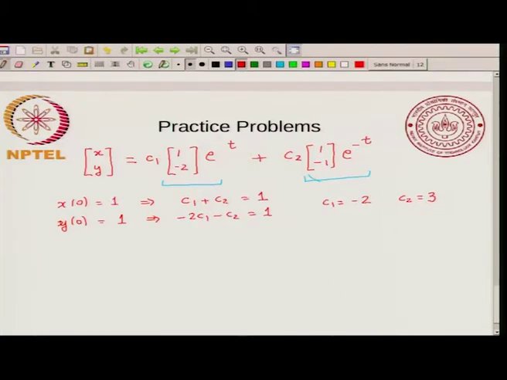If C2 is 3, then this is plus 3, and minus C2 is minus 3, and minus 2 C1 is plus 4. So, 4 minus 3 equals 1. So, this is the solution.